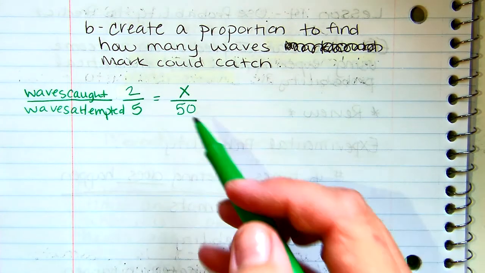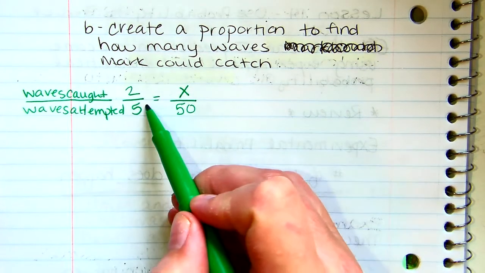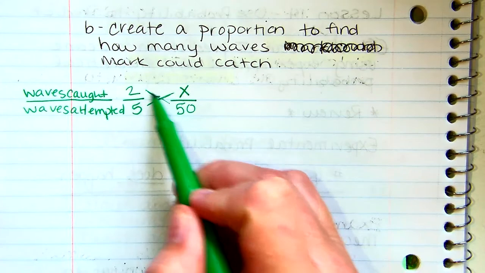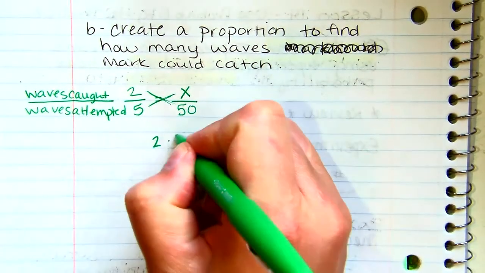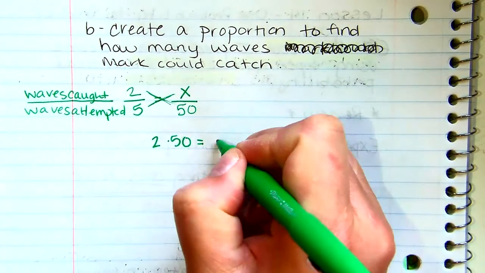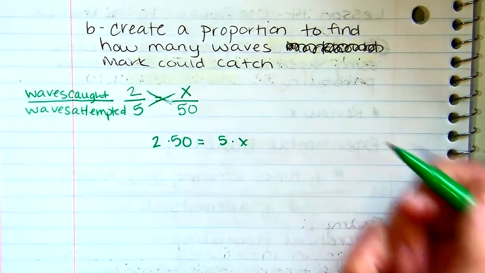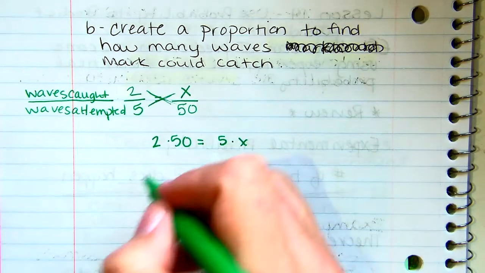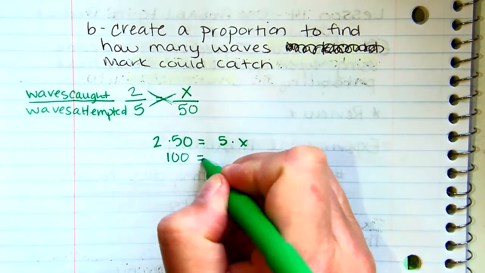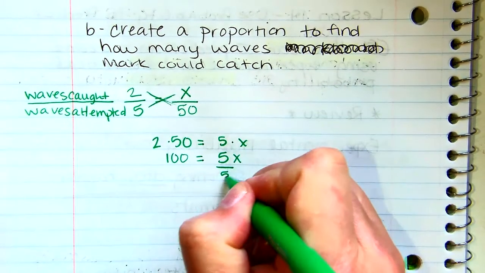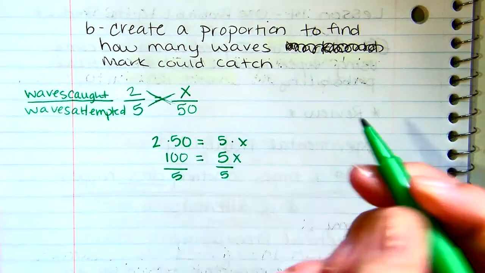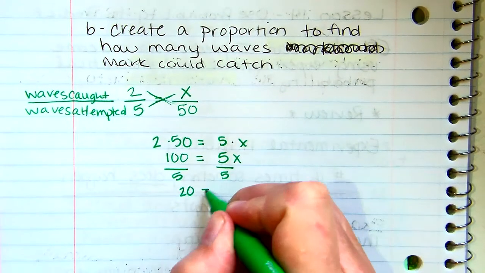Now here, we are going to have to cross multiply our two numbers. So I'm going to go 2 times 50, and I'm going to set that equal to 5 times x. Now 2 times 50 is 100, and that's going to equal 5x. Now I'm going to divide by 5 on both sides, and when I do that, I get 20 is equal to x.